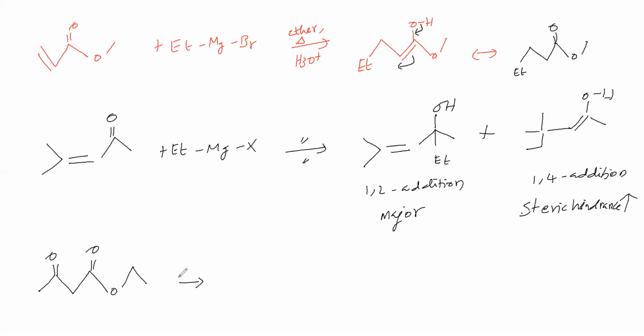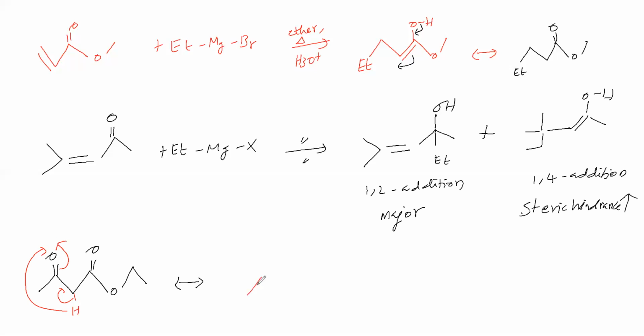Now here tautomerism is possible. How is tautomerism possible, that we will see. This methylene group contains H. This bond goes here, this bond goes here, and this H plus goes to that oxygen.